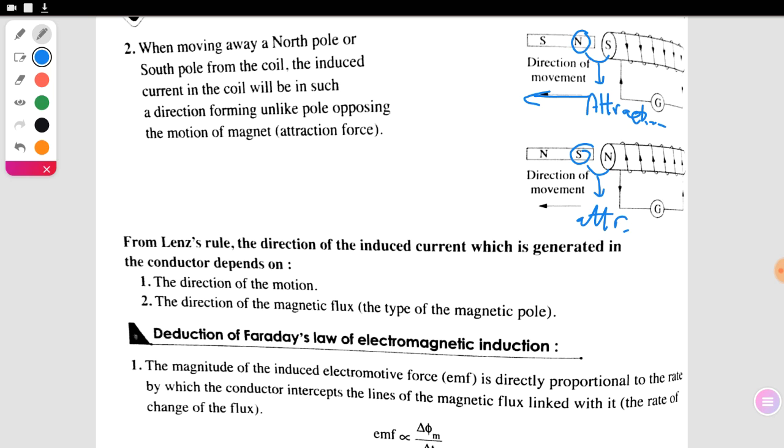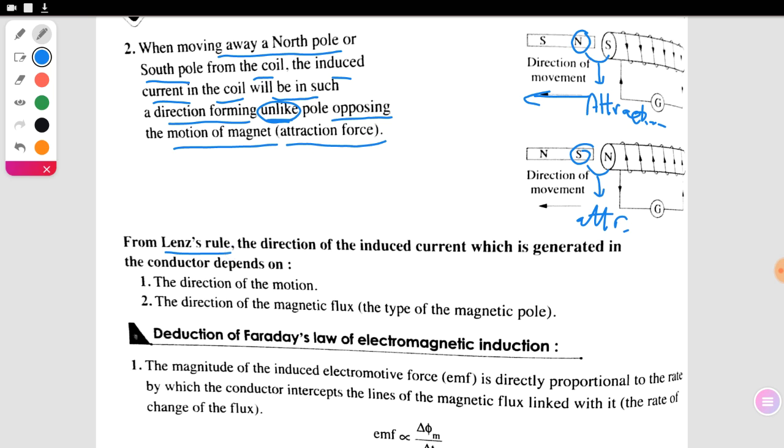When we move away the north pole or south pole from the coil, the induced current will produce a direction forming an unlike pole, opposing the motion of the magnet, so an attraction force can be observed.